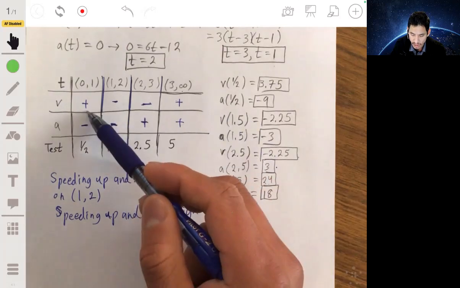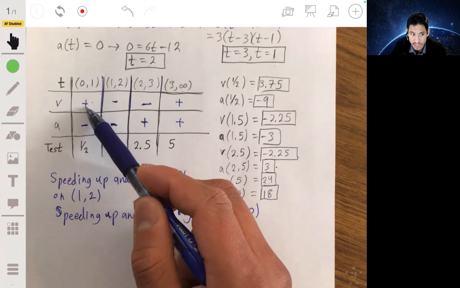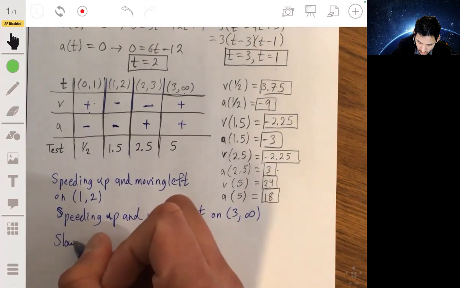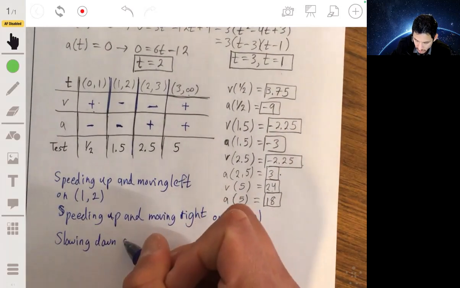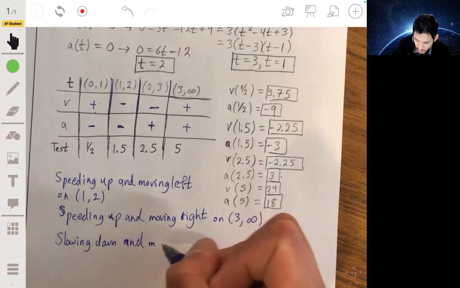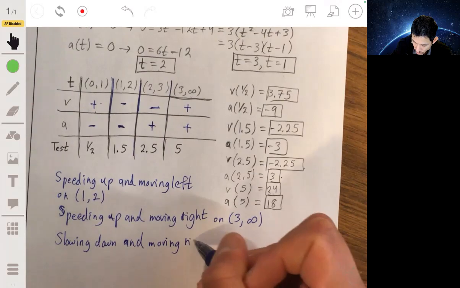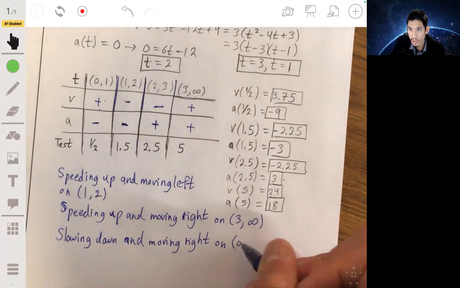So it's slowing down on 0, 1, but since velocity is positive, that means it's slowing down and moving right on 0, 1.